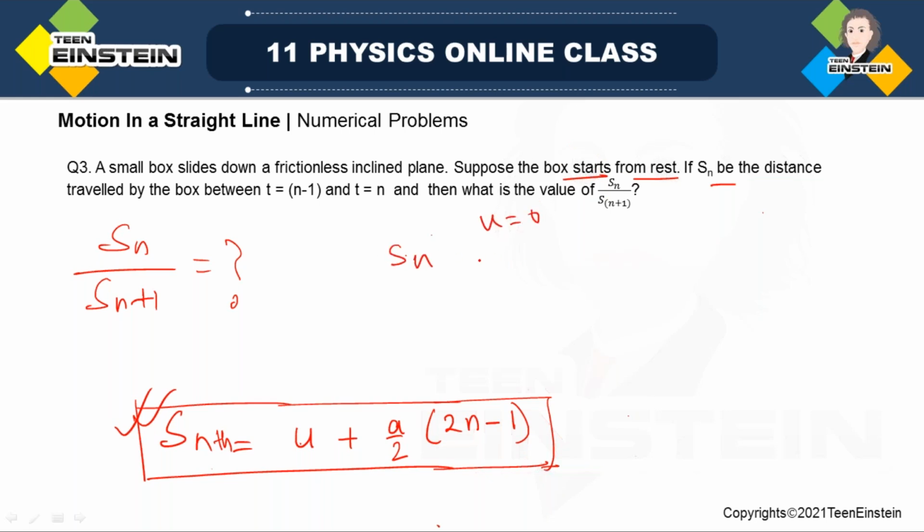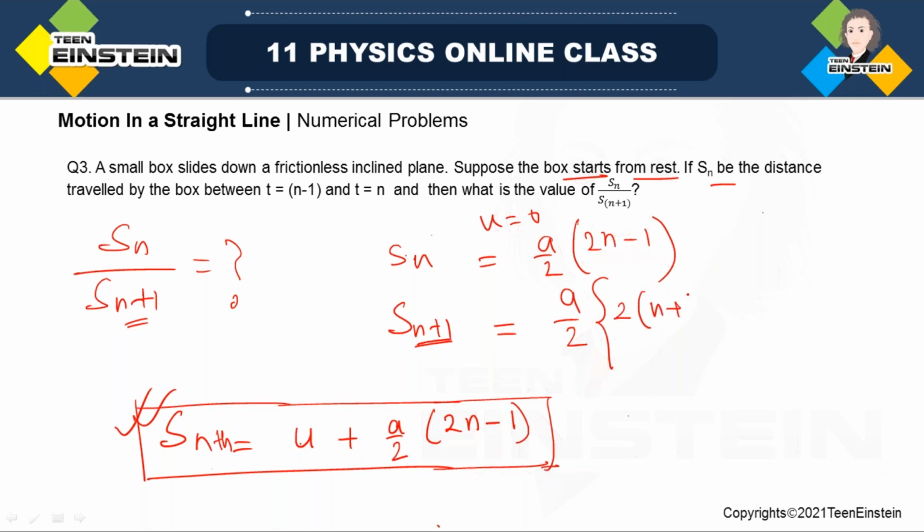So our formula becomes a by 2 into 2n minus 1. Similarly I can find Sn plus 1: a by 2, and in place of n you write n plus 1, so 2 into n plus 1 minus 1.